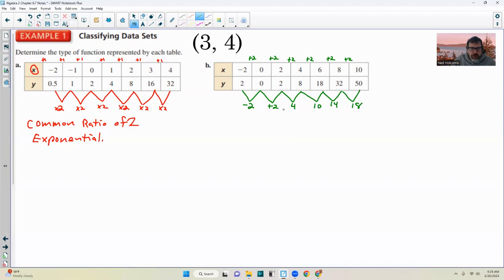So this is a difference of 4. This is a difference of 2. And this is a difference of 6. And then 4. And then 4. Okay, 18, 14, 10, 6, 2, -2. So then what I'm going to do is check the second difference. So from -2 to 2 is 4.